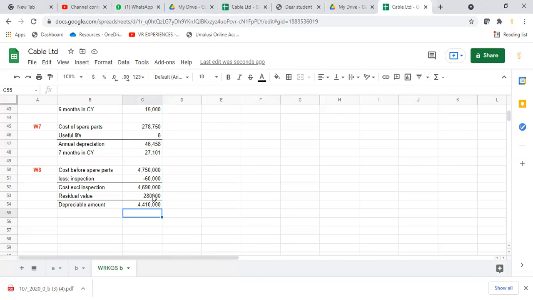So as you are reading, you'll be able to pick up whether there's a residual value or not. If there's none, we don't have to put in the line item called residual value. But train your brain to think in a certain manner, that straight line method is always cost less residual value. By having that way of thinking, as you read a scenario, you can already pick up what is relevant and not relevant.